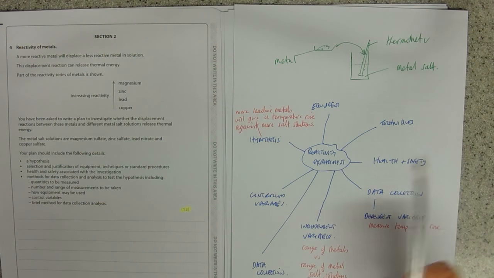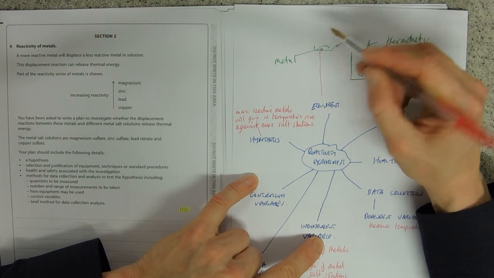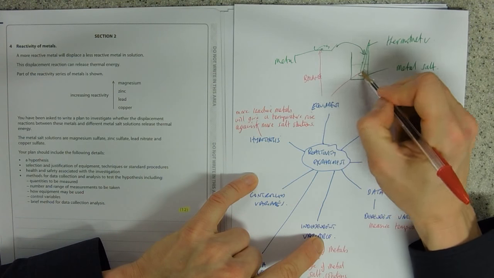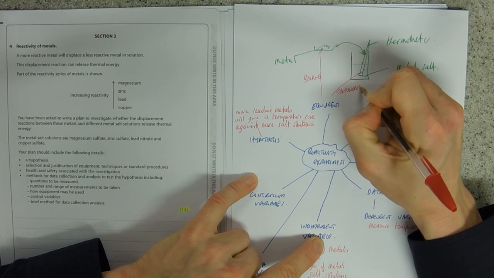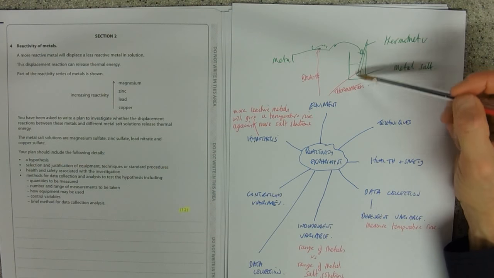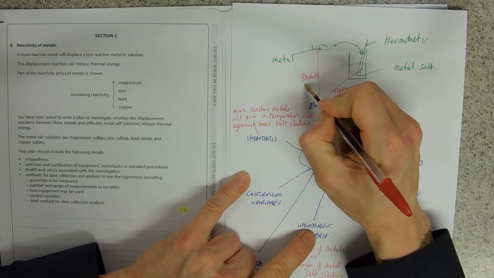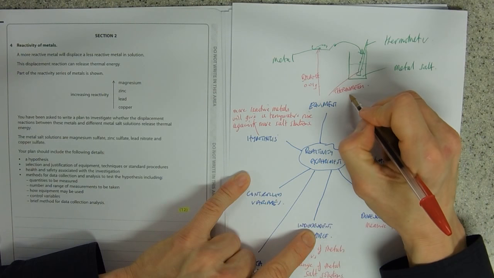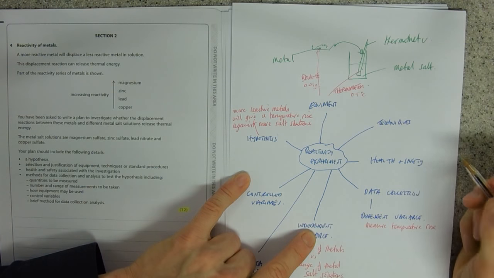Equipment, well, if you look at this little diagram, we need a balance, we'll need a thermometer, we might want to stir this with a glass rod, that sort of thing. We could mention the precision, so 0.01 precision, nearest 0.5 degrees precision there.